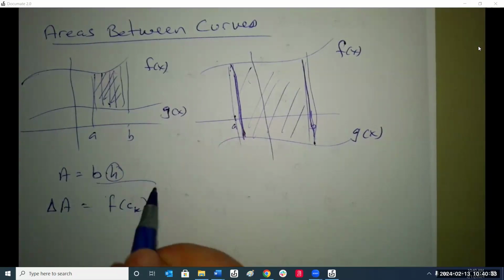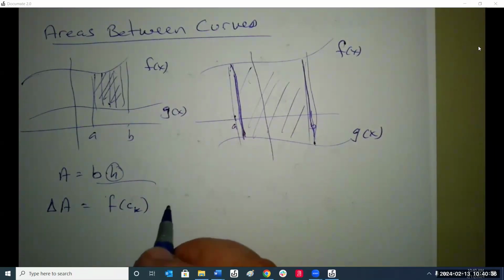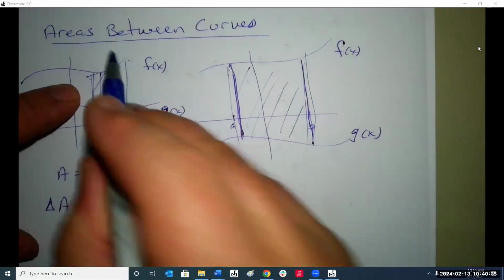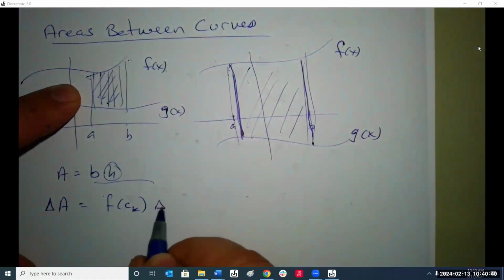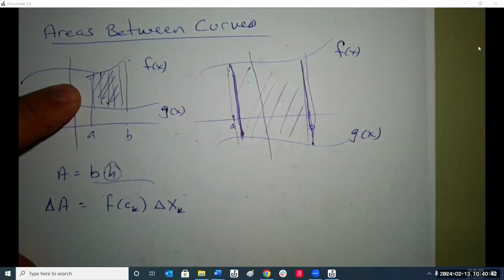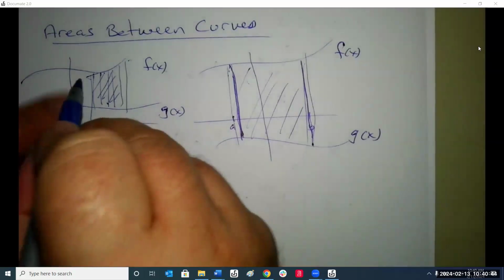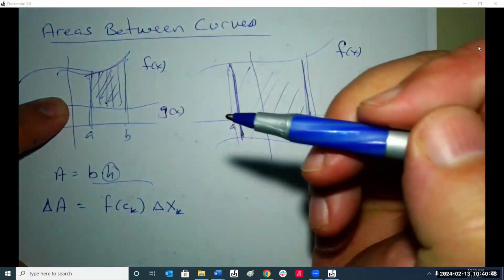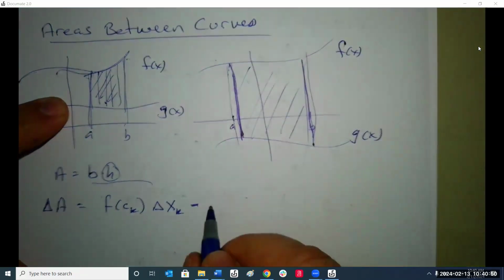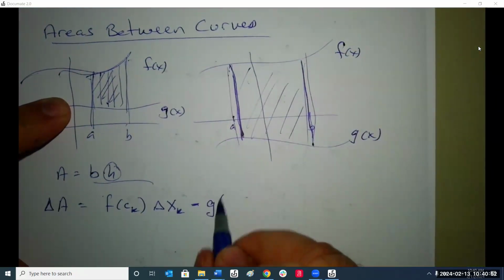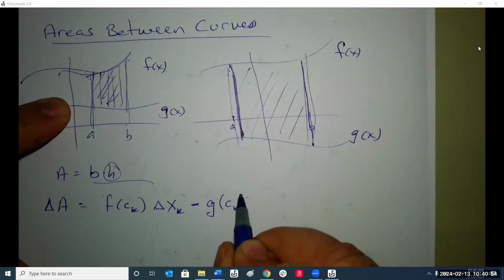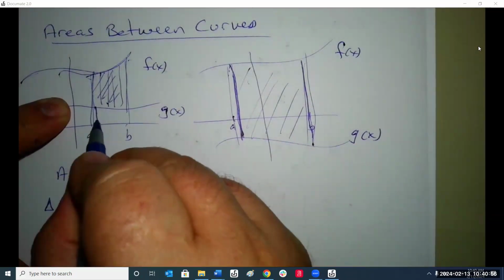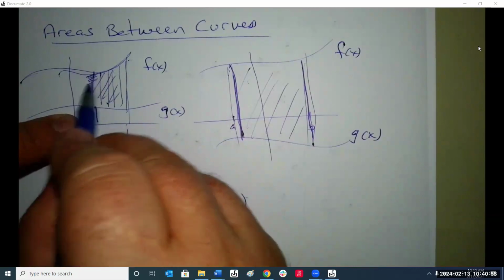And the base, well, this is the first one, times delta x k. So that finds the area all the way to the bottom. And we take away the second function, g of c k. Take this out of there. What's left is the area between there.